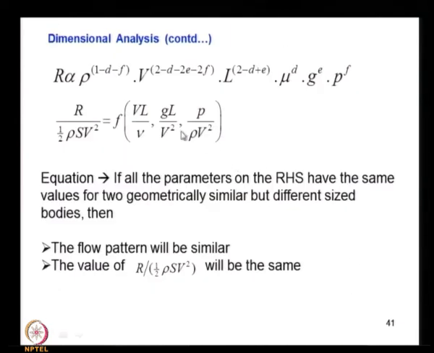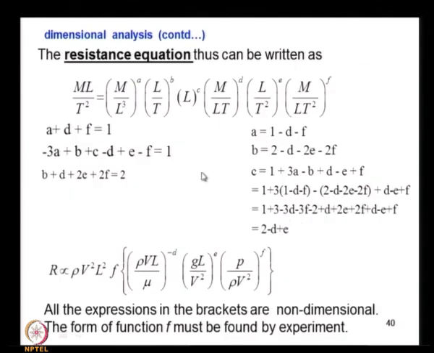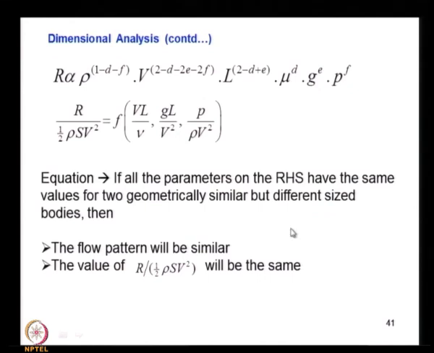So, R is now proportional to, using that previous relation, you write in this form, and finally you write R by half rho S V square is equal to a function of these 3 numbers.